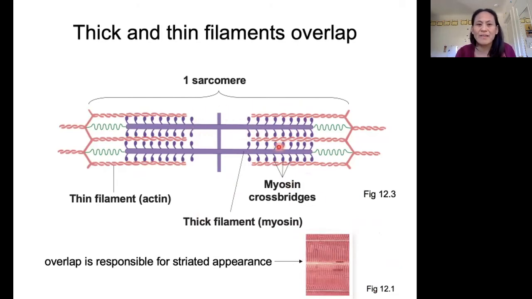So you can imagine if you stepped maybe a couple hundred feet away from your screen, you wouldn't be able to see all the details of this structure. You would just see a dark region here and a light region here and a dark region here and a light region here. And that's basically what we're looking at in this picture, okay?